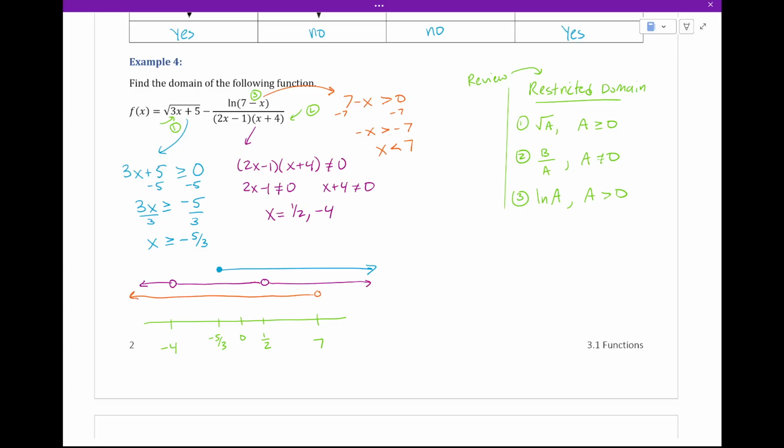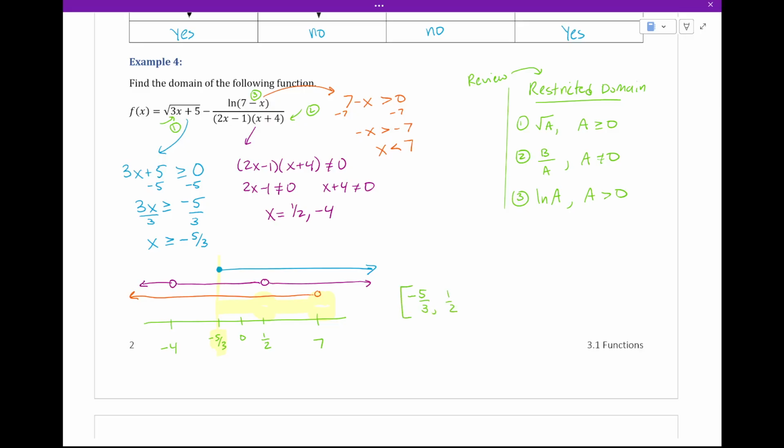I'm interested in the spot where all 3 of my lines are together. That starts right here at negative 5/3, and it goes all the way until you get to 1/2, and then I can't have 1/2, and then it goes all the way to 7, and I also can't have 7. So everything from negative 5/3 to 1/2.